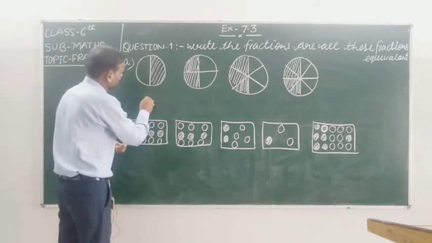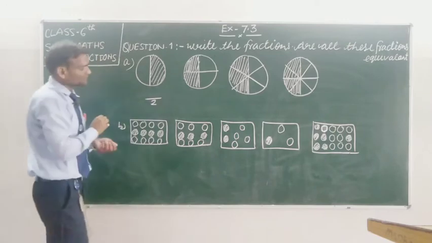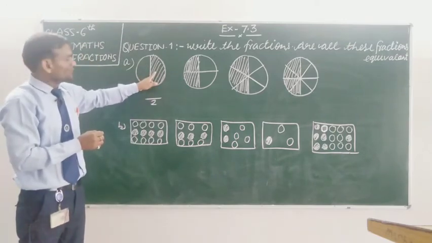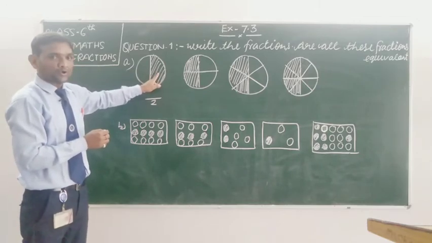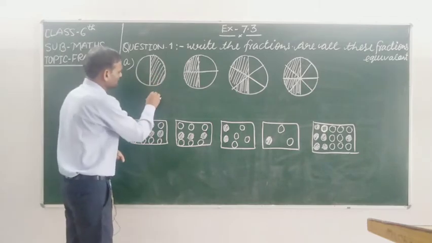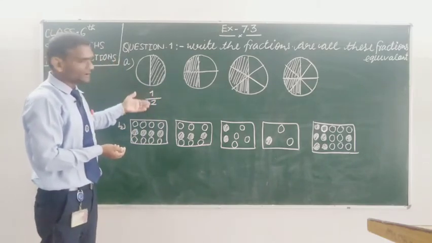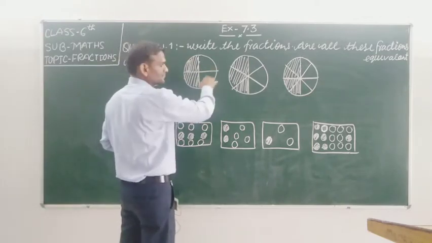So we write the 2 below the division bar, you know very well. And one part is shaded. So we need to write the fraction for the shaded part. So we write 1 above the division bar. So we get the fraction 1 by 2 and come in second circle.